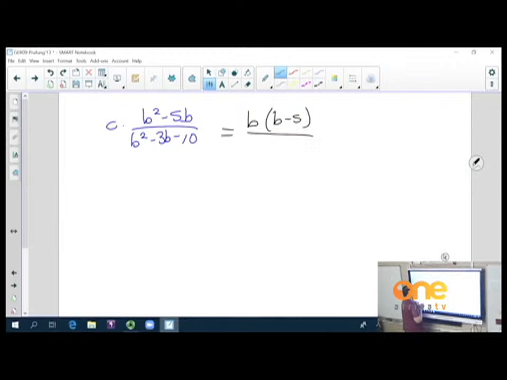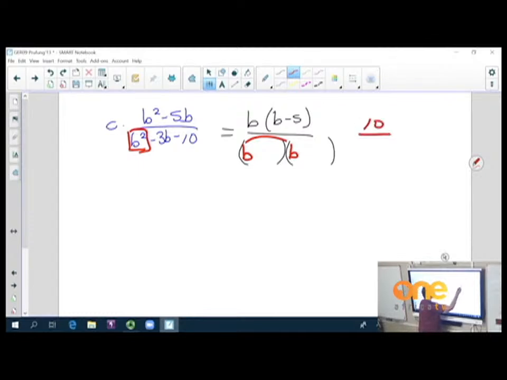If we factorize here, this is a trinomial. Do you recognize it? So the question is still what times what gives me this first term? So it is b and b. And then which factors of 10 will give me a 3 when I subtract it? Remember, the factors of 10, which is 5 by 2, and that will work.